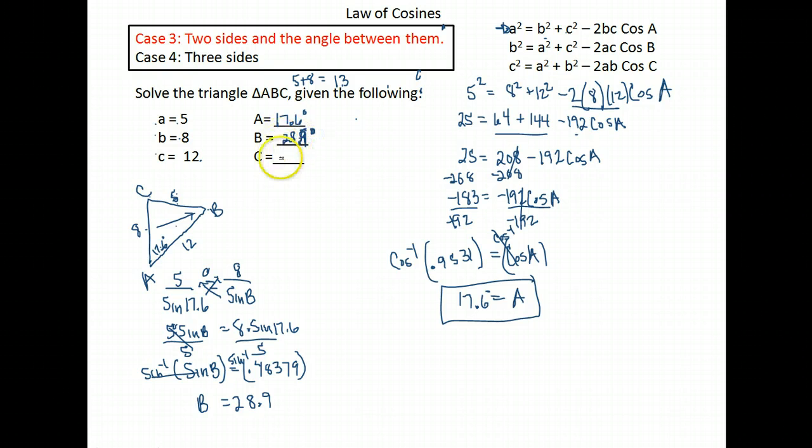okay, and then we need to find our last angle, which is the easiest one to find, because once you have two of the three angles in a triangle, we know together they have to be 180. So we finish up here, we find out what our sum is so far. So far we have a 28.9 and a 17.6, and we want to find out what's left.